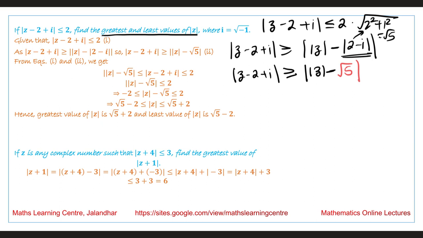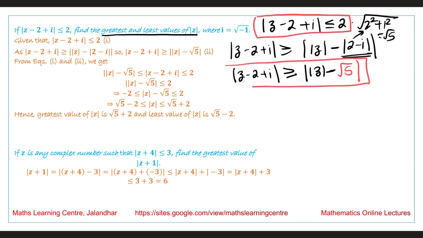So we have two inequalities now. From these two we can write mod of z minus root 5 is less than or equal to mod of z minus 2 plus iota is less than or equal to 2. Now what we want is the least and the greatest value of mod z.